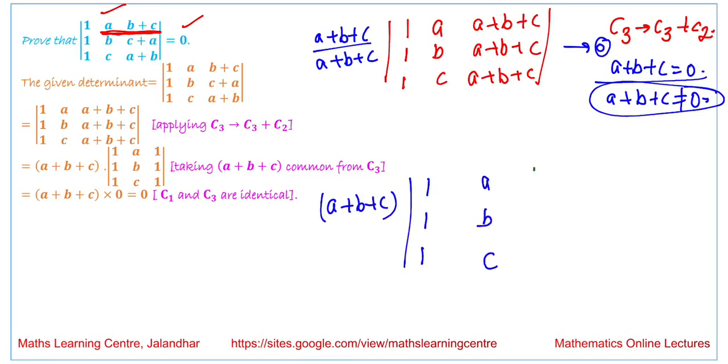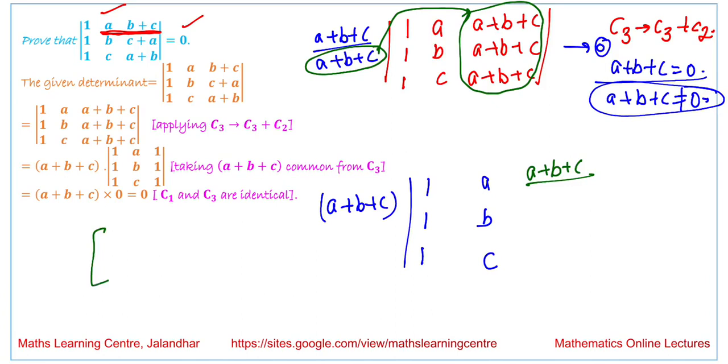Look at these terms over here. It is a plus b plus c divided by this term, and this is multiplied by this complete column. We know that when we are talking about the matrix, k times A means k is multiplied with each element of the matrix.